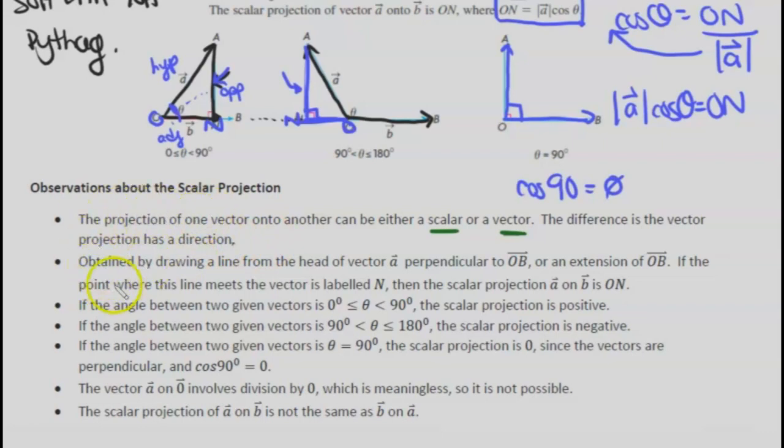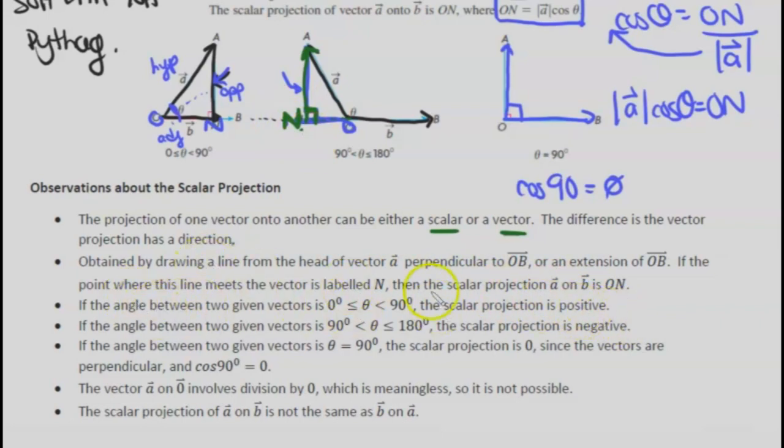A scalar projection is obtained by drawing a line from the head of vector A perpendicular to OB or the extension of OB. If the point where the line meets the vector is labeled N, as we labeled it here, then the scalar projection of A on B is ON.